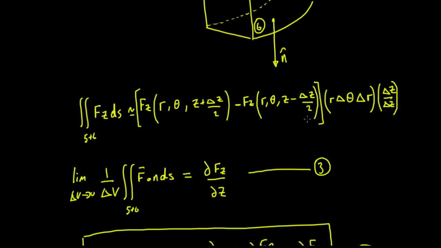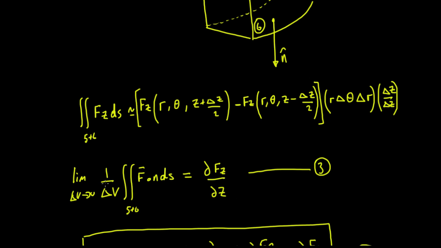So the delta v here is going to be the top line of this function here. So we're just going to be left with delta z at the bottom. The delta z is going to be coming in here and get subsumed within the partial derivative. So when we take the surface integral over areas 5 and 6 of the vector function's normal component, which is the flux, we're just going to get the partial of f z by partial z. So that's the final part of it here.